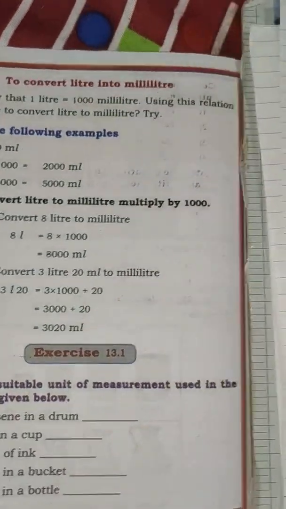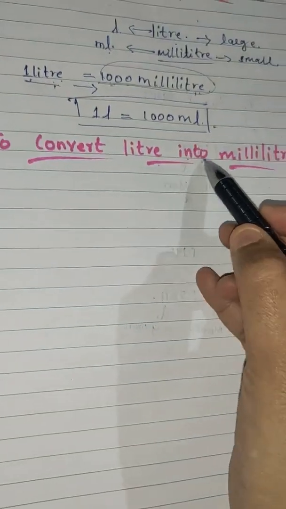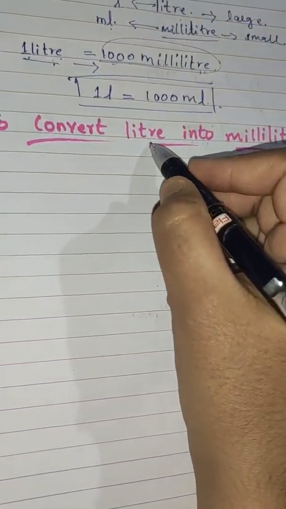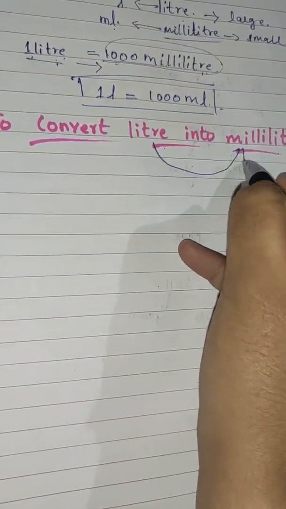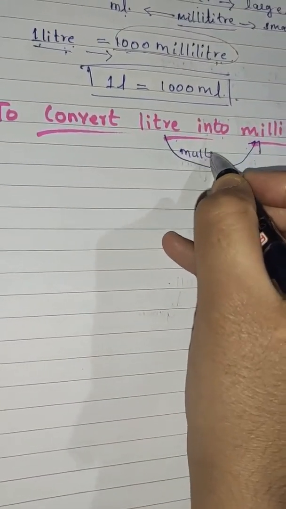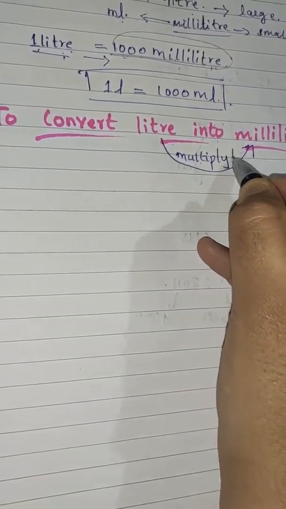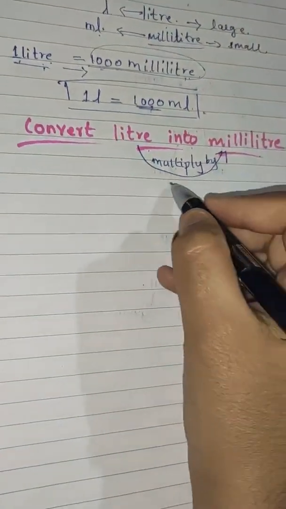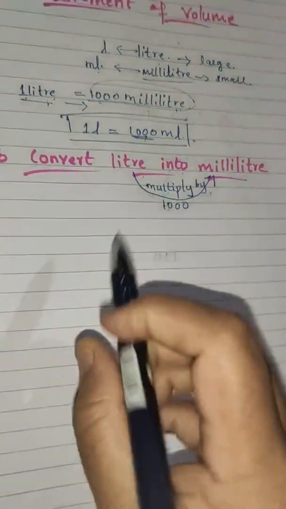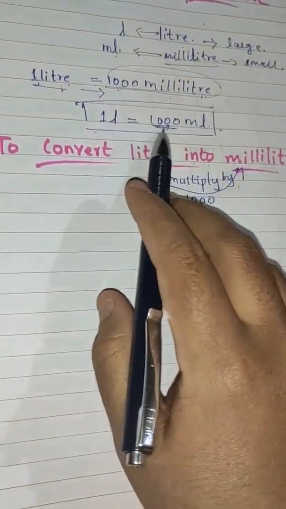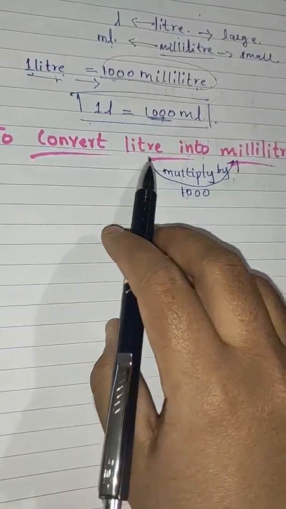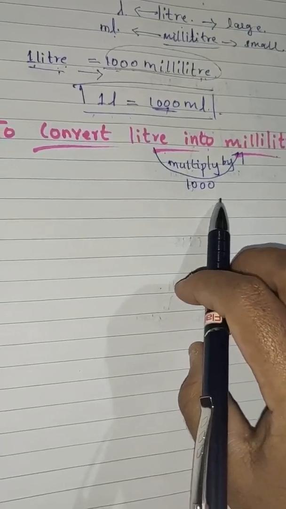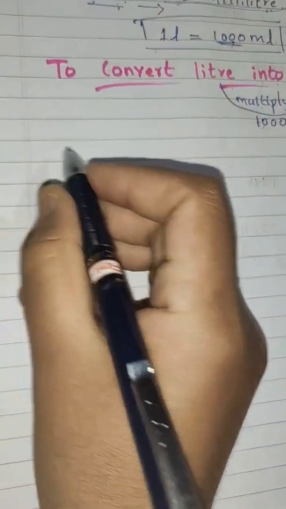So to convert liter to milliliter, multiply by how much? Multiply by 1000, not 100. Because 1 liter is equal to 1000 milliliter, to convert liter into milliliter you have to multiply by 1000.